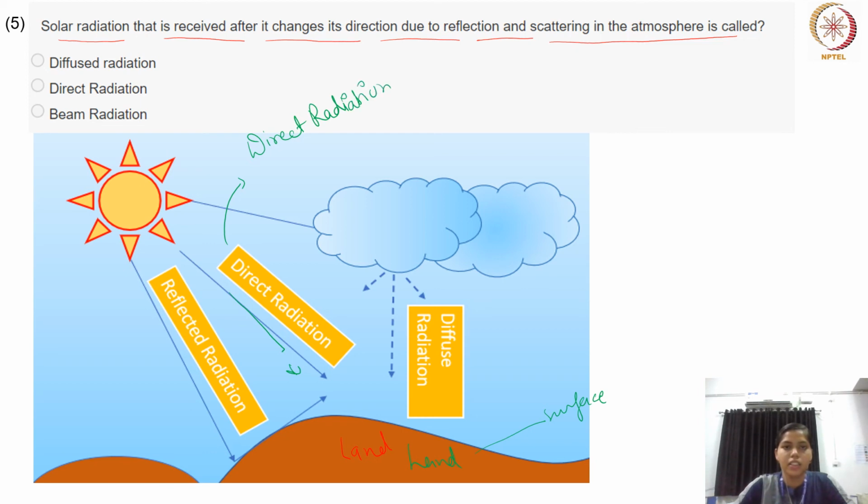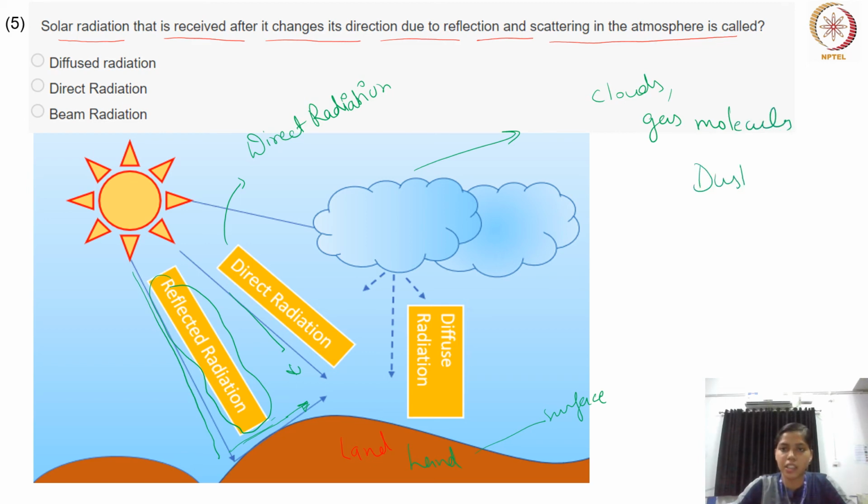Some radiation comes, then gets reflected from the earth's surface and then again moves into the atmosphere. So that will be my reflected radiation. And some, since the atmosphere consists of clouds, gas molecules, and also some dust particles, which are mainly responsible for the scattering of light in the atmosphere.